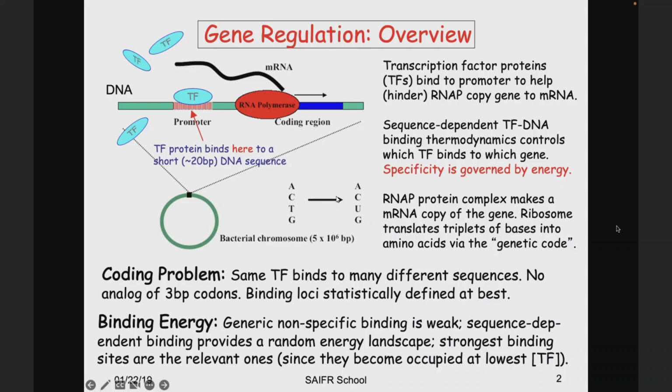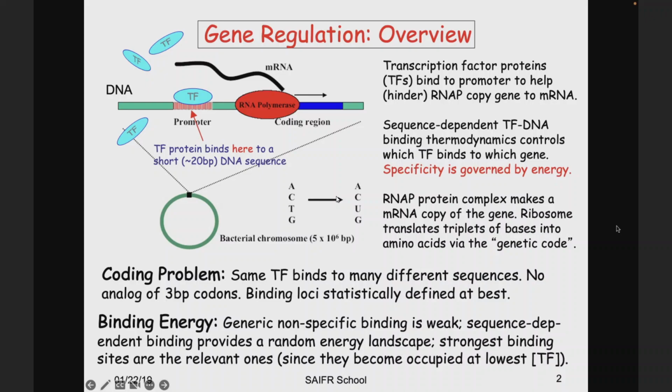In other words, the transcription factor has to find exactly the right site to bind, to do its job. But it's floating around in solution, it's not guided to the right site. It just, by diffusion, touches the DNA at random places until eventually it touches the DNA at a place where the binding energy is substantial, and it stays there for a substantial period of time and does its thing.